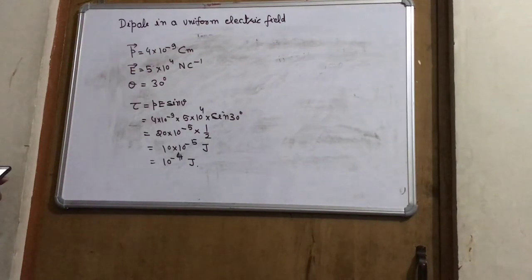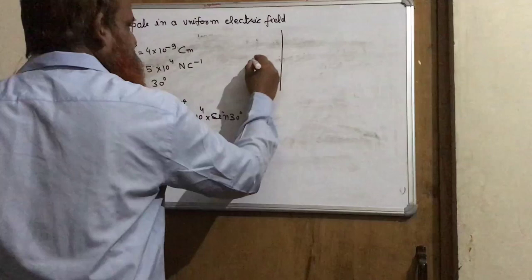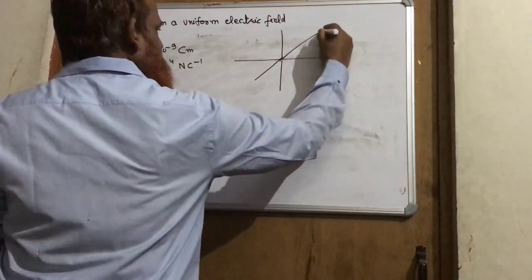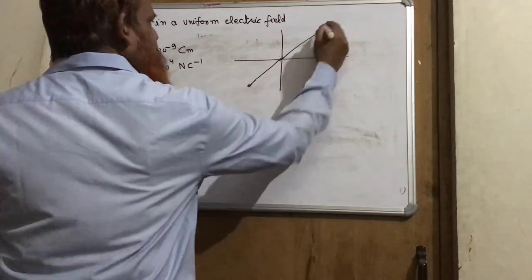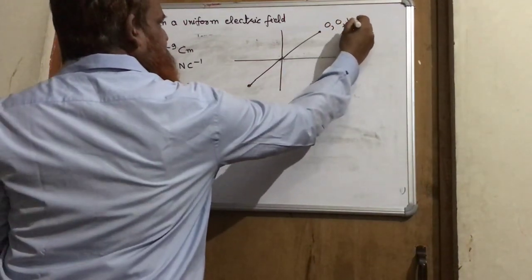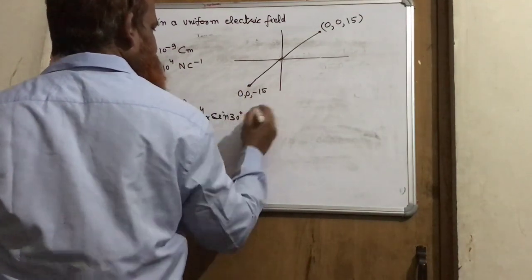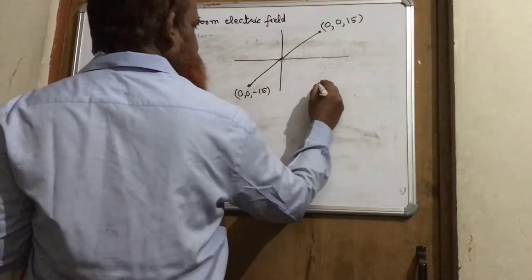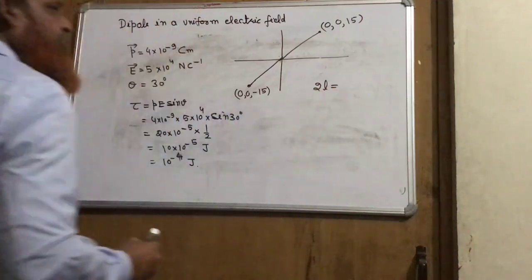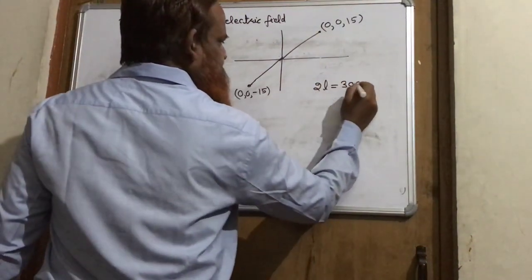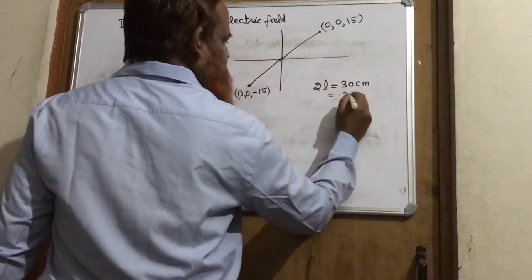What are the total charge and electric dipole moment of the system? So the dipole is in this way, 0 0 15 and 0 0 minus 15. So length of the dipole being 2L, we denote here the length by 2L, it is 30 centimeter or 0.3 meter.